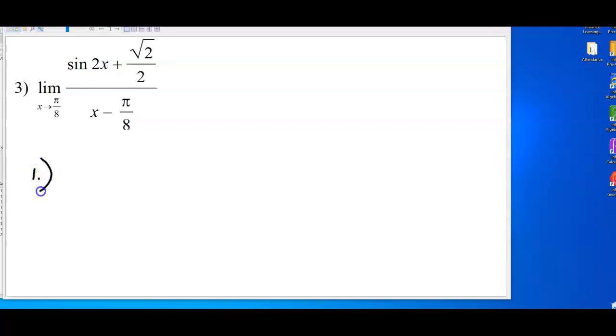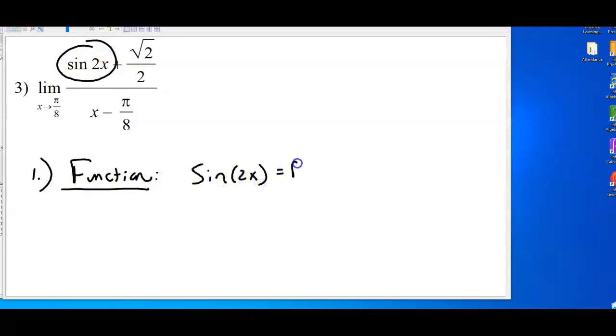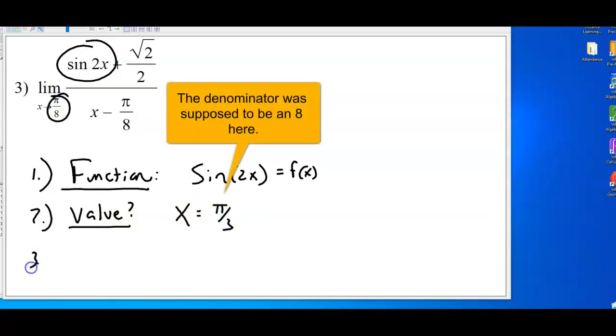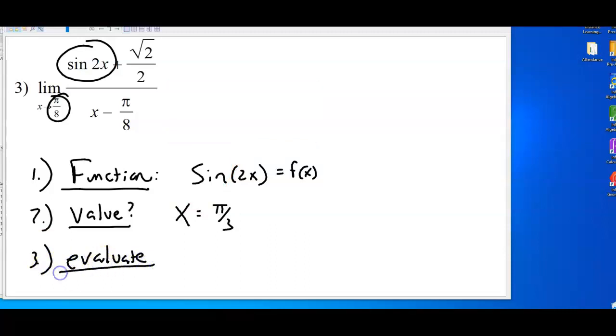And so what function is it the derivative of? Well, it looks like we're finding the derivative of sine of 2x. And at what value are we finding the derivative? Well, that would be the number that's right there. And for step 3, we want to evaluate the limit. Now, once again, you could do L'Hopital on this and probably get the right answer. But what we're going to do is do it the derivative way.